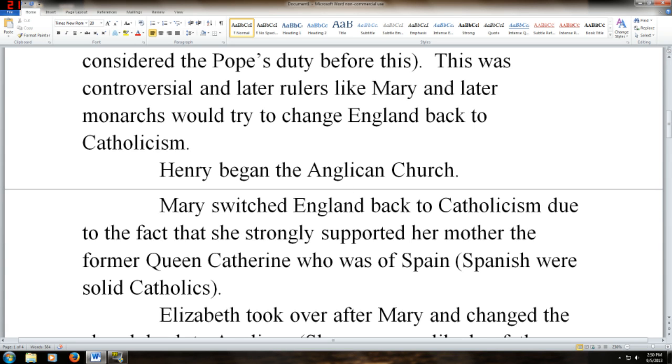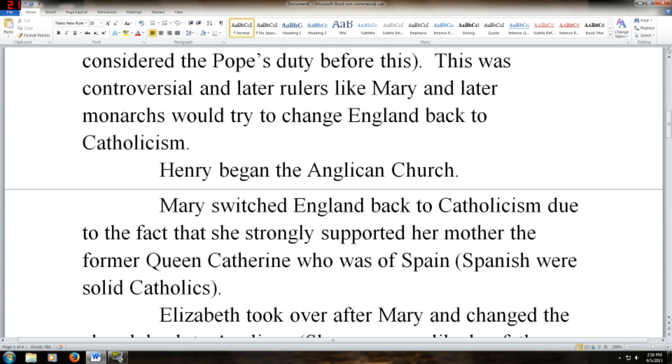Now, Mary, his daughter, was heavily influenced by her mother, who was Queen Catherine of Spain. See, Queen Catherine was married off to King Henry to try to resolve relations between the English and the Spanish, because they had gone to war a few times, and the Pope said, hey, I don't want you two countries that are Catholic going to war.